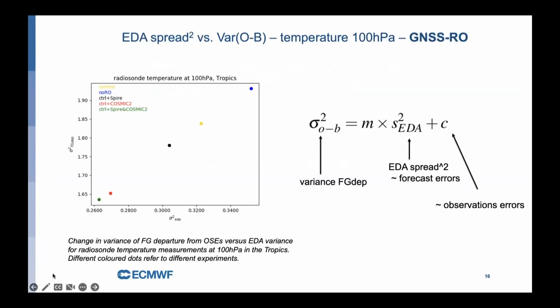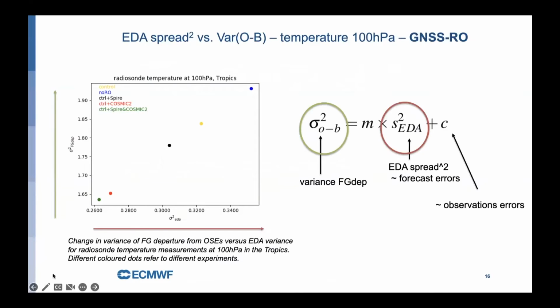And this is the plot, with some colors so you can see it a bit more easily. On the x-axis, you see the variance in EDA, displayed in red, and on the y-axis, you see the variance in our O minus B. And the different dots relate to the different experiments run, adding more data.